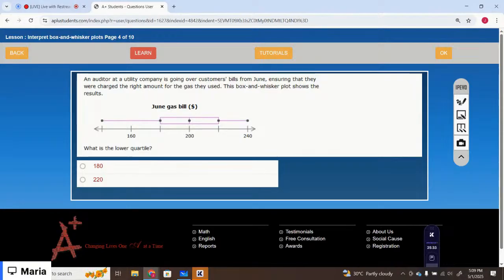An auditor at a utility company is going over customers' bills from June, ensuring that they were charged the right amount for the gas they used. The box and whisker plot shows the result. What is the lower quartile? So which is the correct option?